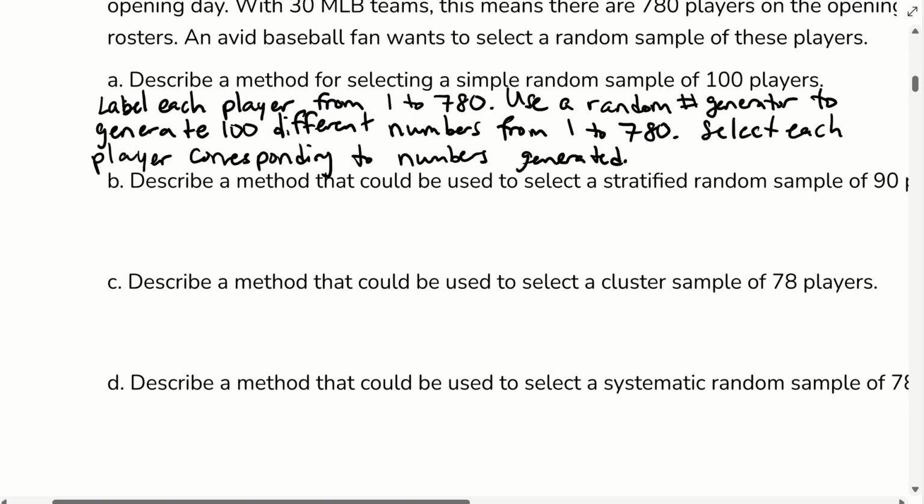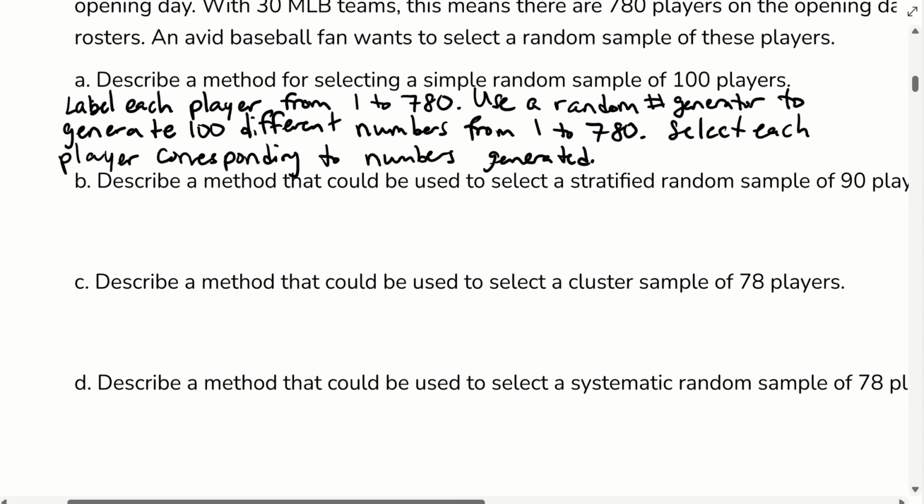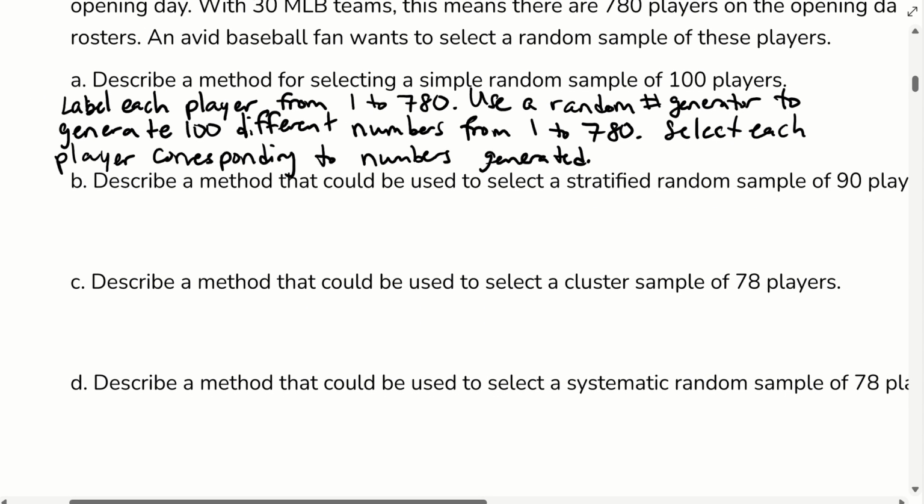Now we're going to do a stratified sample of 90 players. Recall, with a stratified sample you're taking some people from each group, right? So you're using all the groups, but you're only selecting some of them.